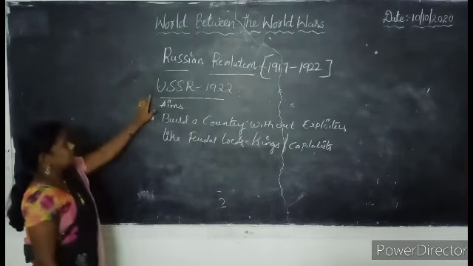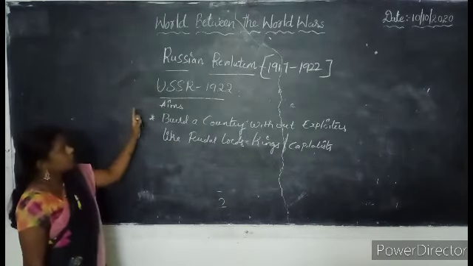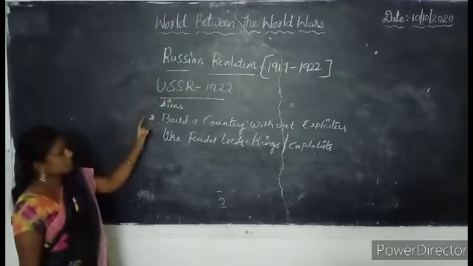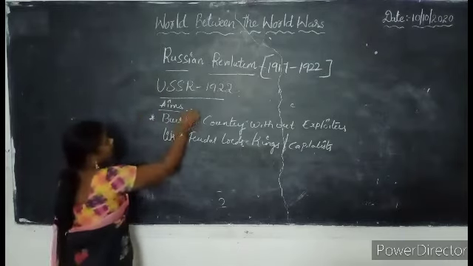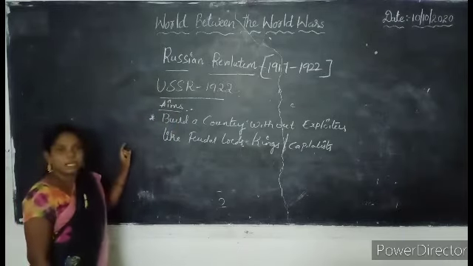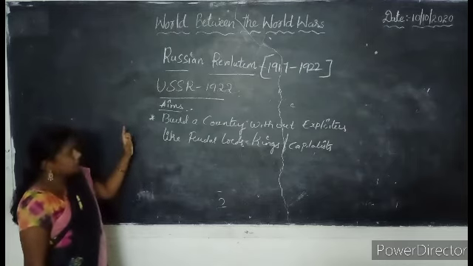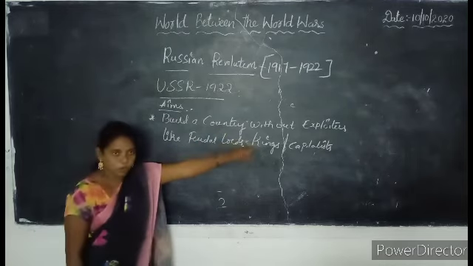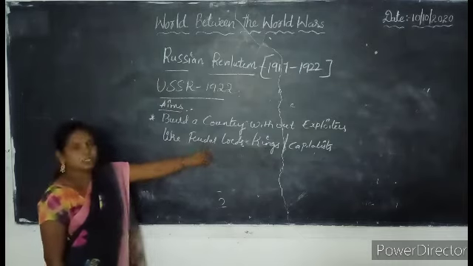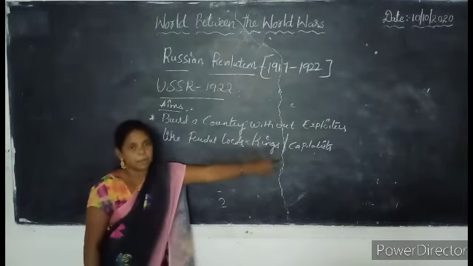The main aim of the USSR is that they want to see their country without any exploiters like feudal lords, kings or capitalists.